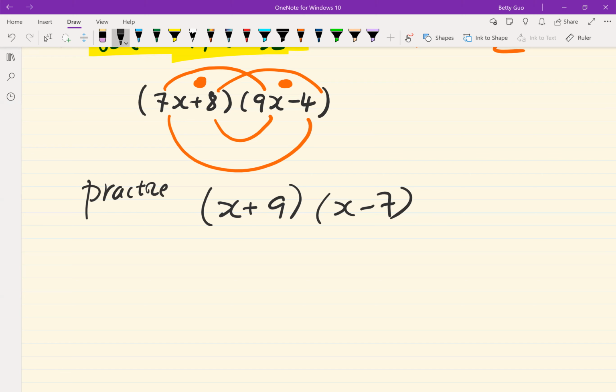What's the degree of the product supposed to be? Your answer is supposed to have degree what?